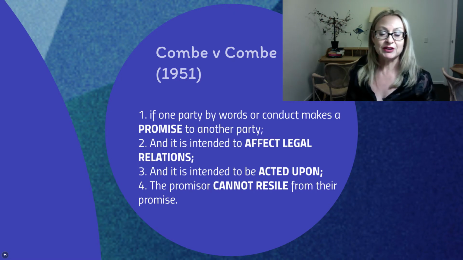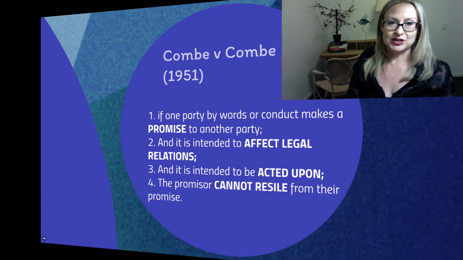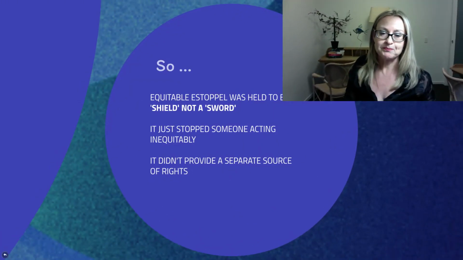So here you have, if one party by words or conduct makes a promise to the other and it's intended to affect legal relations, obviously going to be a fairly serious kind of promise that's being made here, then it's intended for the other party to act on that promise. The promisor can't then go back and resile from the promise and try and enforce their strict contractual rights.